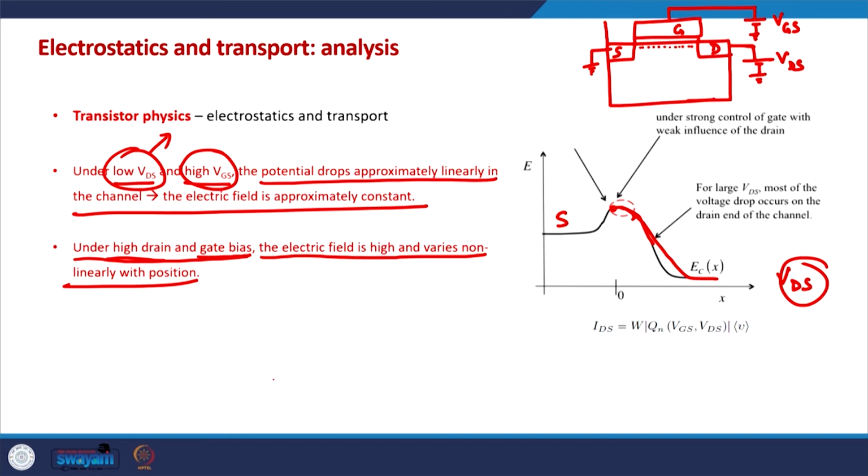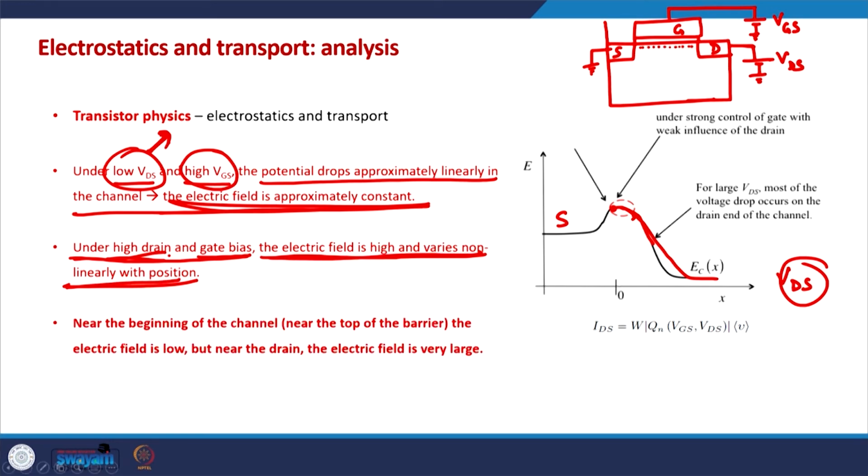This is actually a subject matter of MOSFET electrostatics, which we will study in coming classes, but just to qualitatively have an understanding of things: in the linear regime of output characteristics, when VDS is low, the electric field is approximately constant in the channel. With high drain bias, the electric field varies non-linearly in the channel.